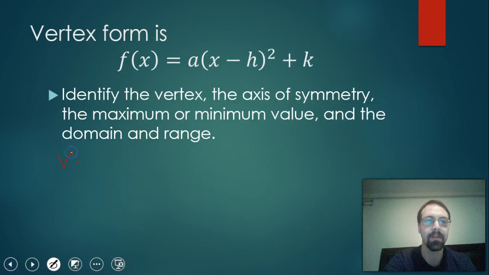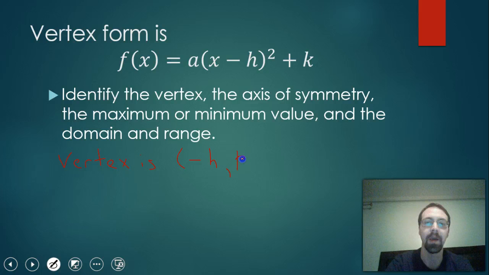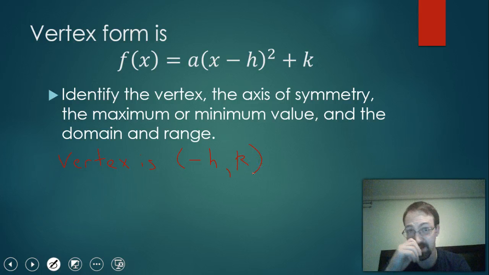So the vertex is going to be the opposite of whatever h is, comma k, as a point. Remember, your vertex is a point.